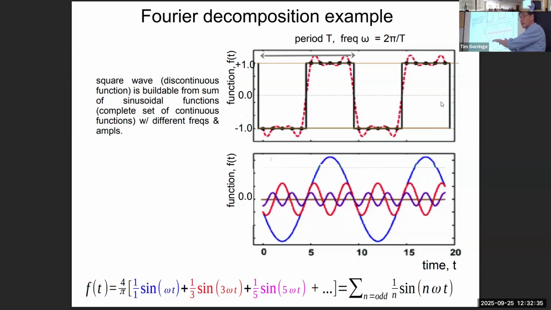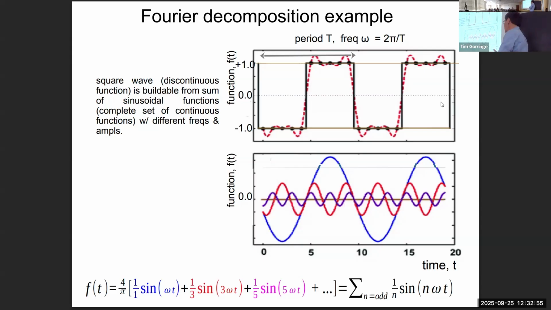So you could imagine an electrical square wave as a function of time, or just some square wave function as a function of time.